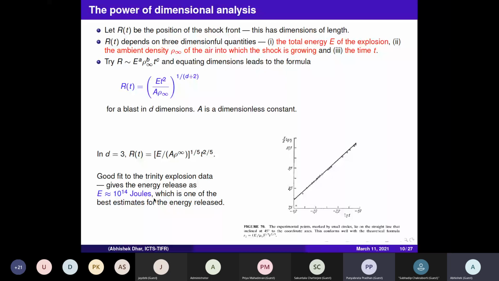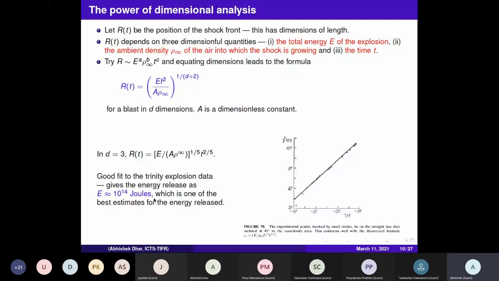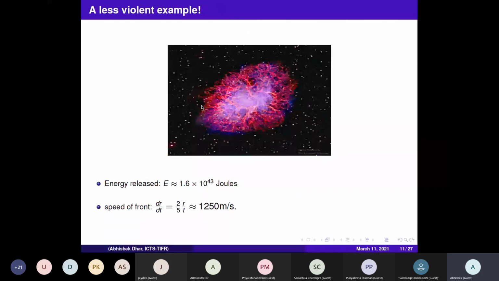Right. So as another example, this formula that I just wrote here is also used to analyze what happens in something like a supernova explosion. So this is a real picture of the Crab Nebula at present times, and we know roughly when it exploded. So now you know its size, the radius, and you know the time.